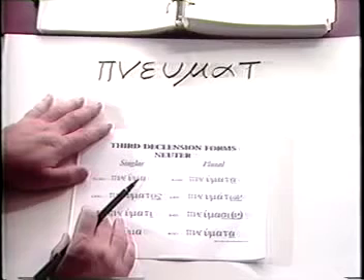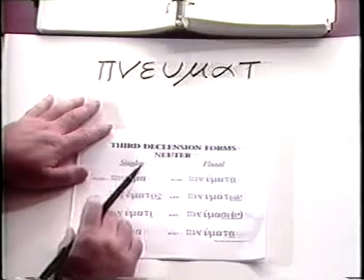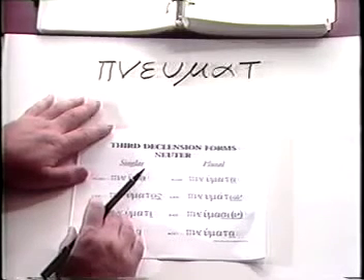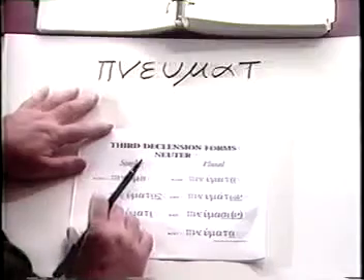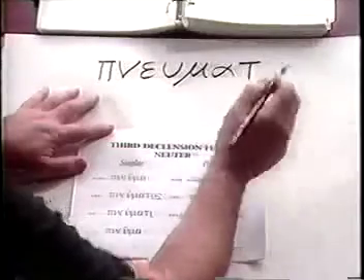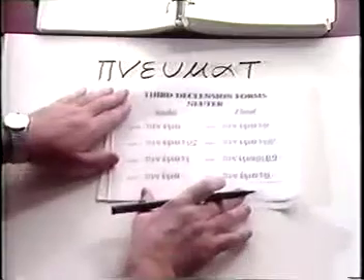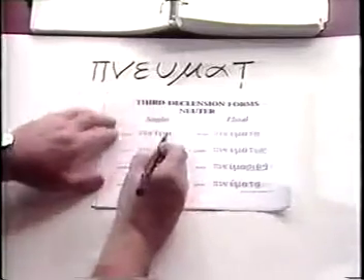You don't need to learn which ones they are, but this is one of the ones that you do need to learn: tau cannot stand at the end of a word. So tau will elide at the end of a word. So we're left with the form pneuma.